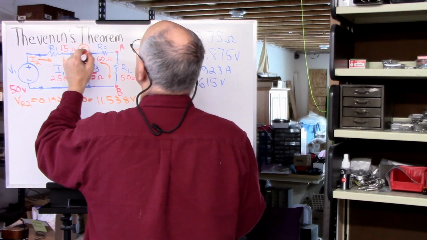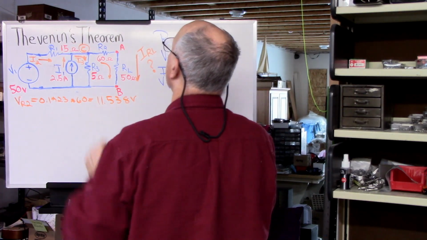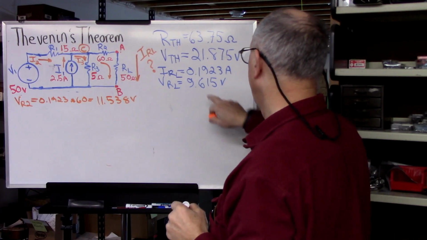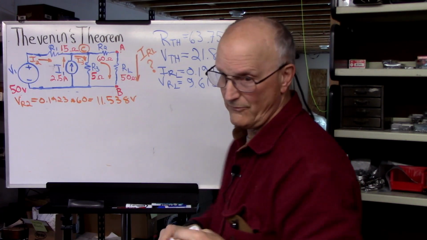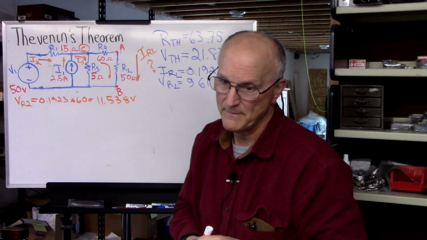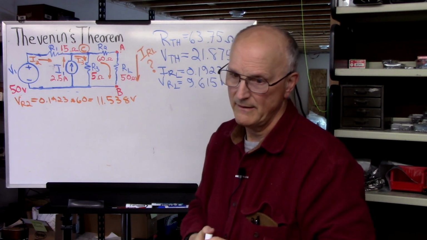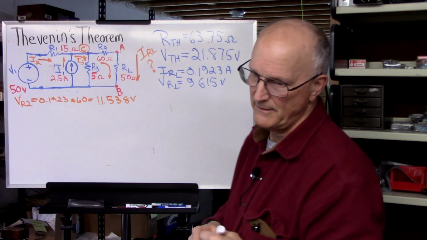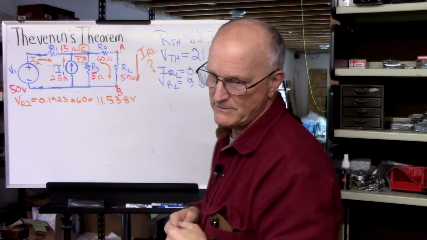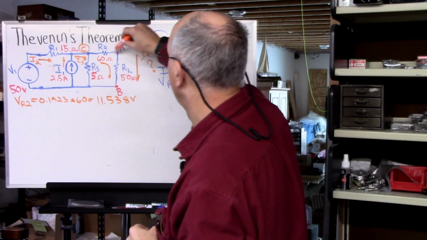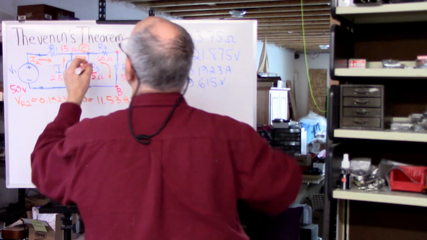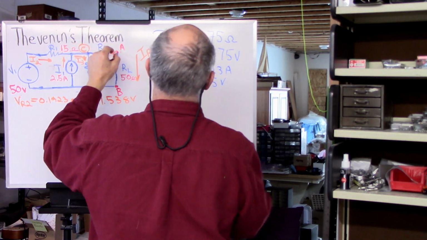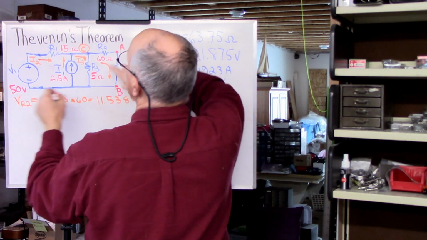So we know the voltage across this resistor. We know the voltage at this point right here. That means that the voltage at this point is equal to the voltage at this point plus the voltage across R2.